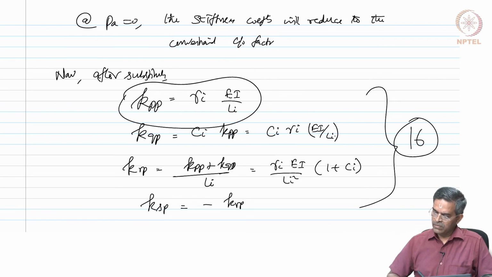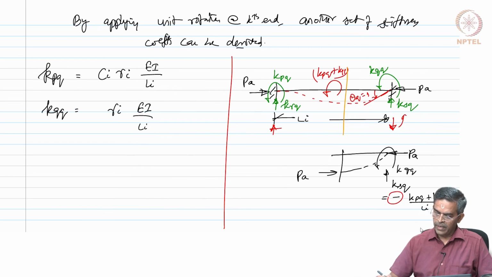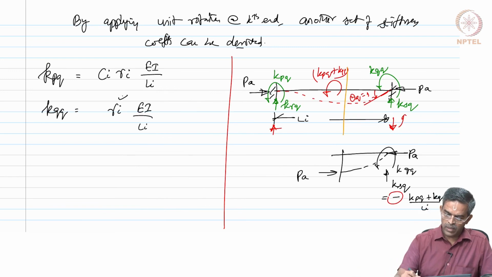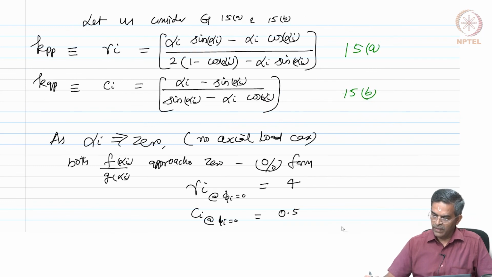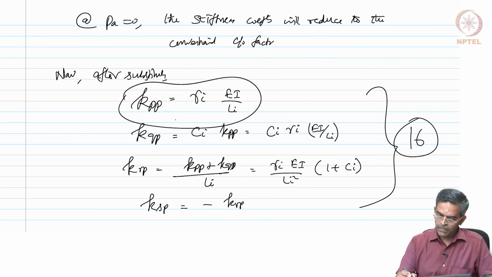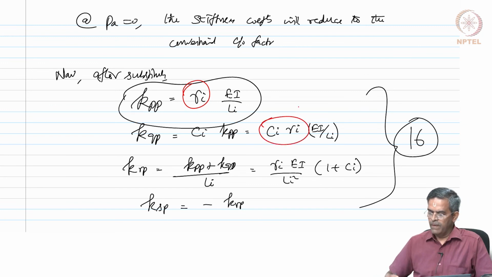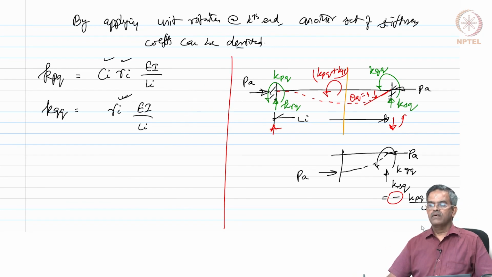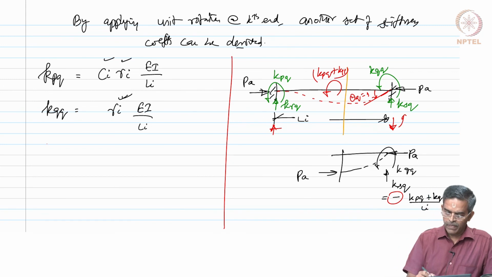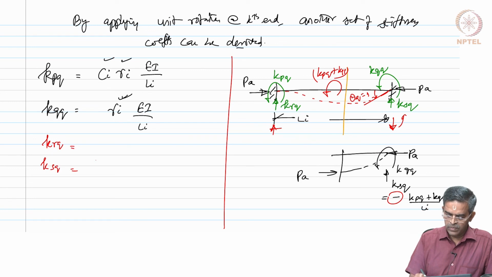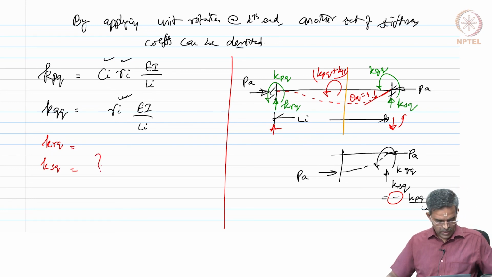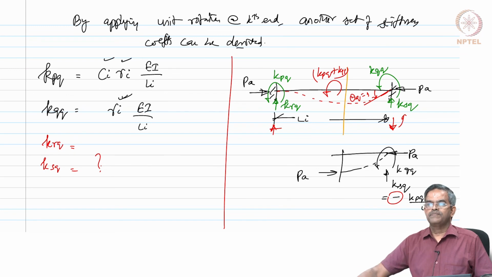So, the one which is nearer is only Ri, the one which is farther is Ci Ri, that is what we have here. We have the same logic here, and one can then write easily KRQ and KSQ. I am leaving it for learning, you can easily do that.